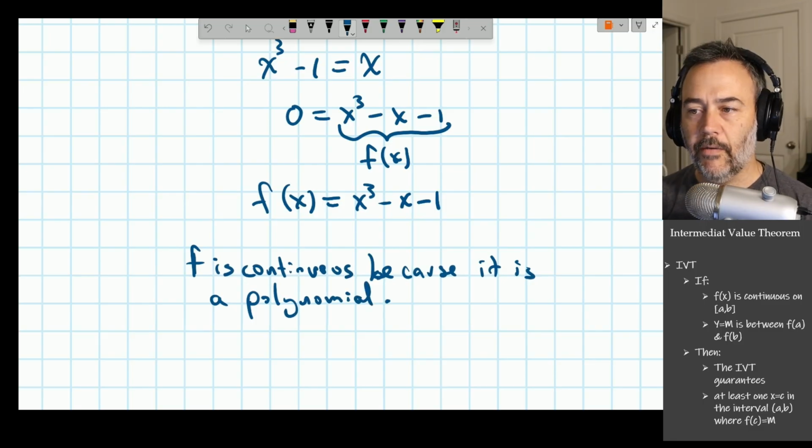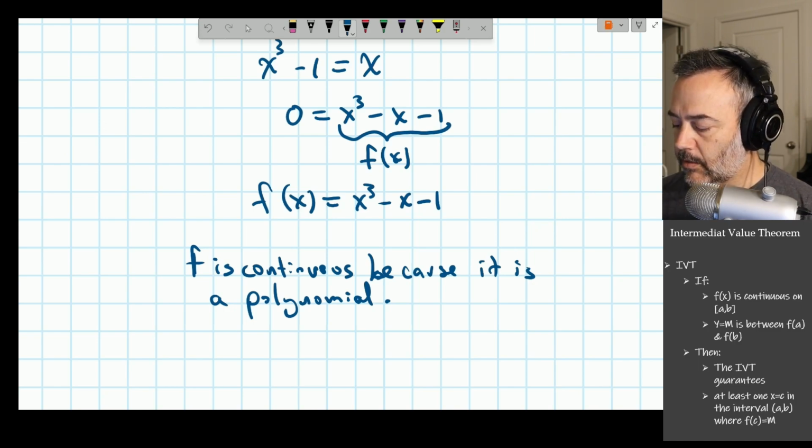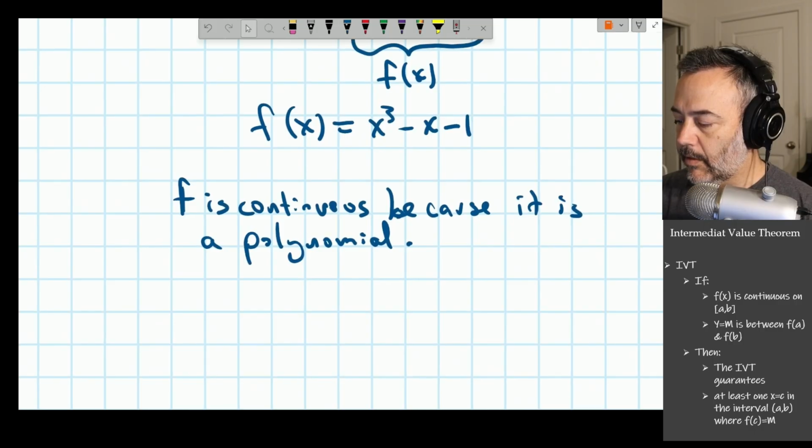Little terminology thing: if you ever say f is continuous, it's assumed that f is continuous on its entire domain. In this case, it's continuous for all real numbers. So f is continuous for all reals.